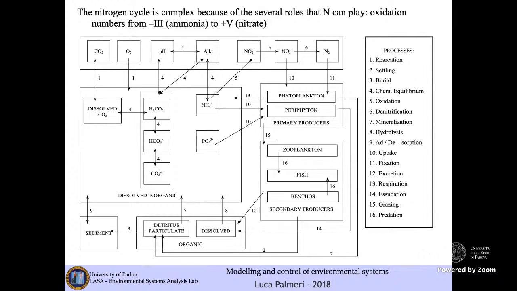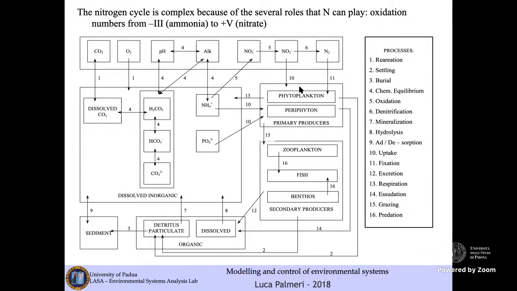So this is a schematization of the biogeochemical processes of nitrogen exchange. So, for example, you have nitrogen changing from nitrite NO2 onto nitrate NO3, onto gas of nitrogen.